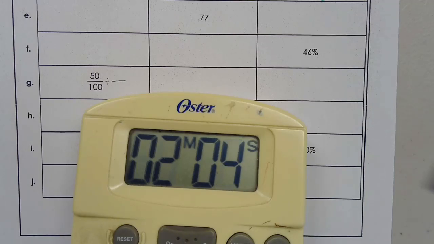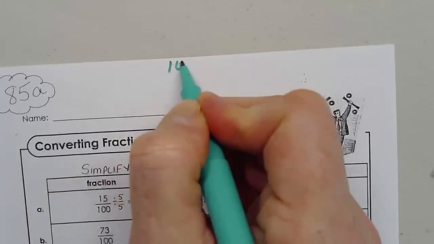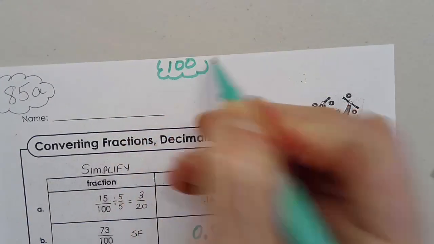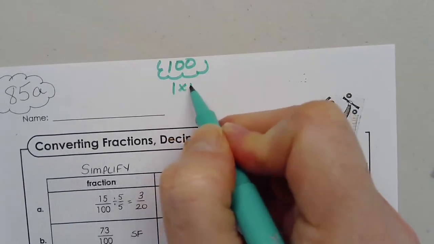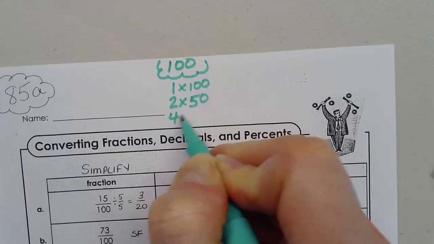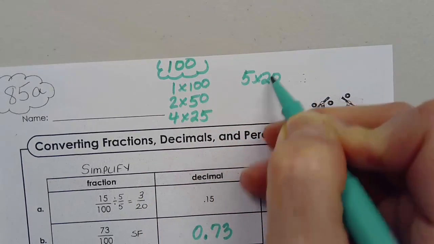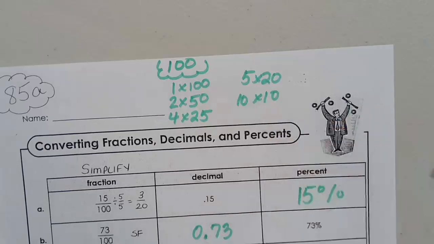Something that could help with the simplifying is to, at the top, those are all the numbers you need to think of and try as far as simplifying.